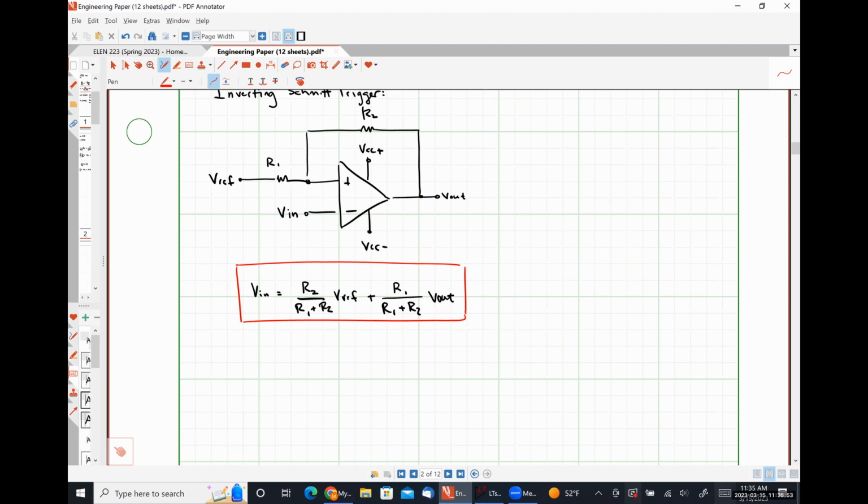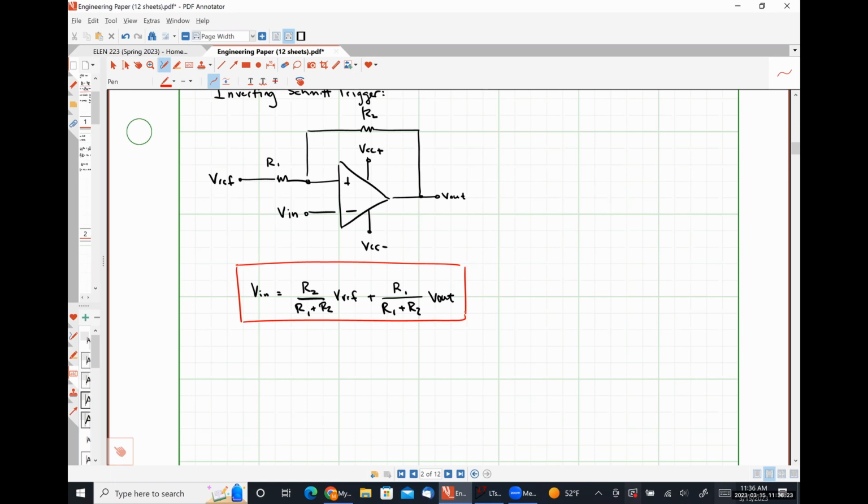Just for the sake of argument, let's figure out what these things should be, right? So with Vout set to be VCC minus, this is going to be, let's see, R2, so 10 over 13 times 3 volts plus 3 over 13 times -10.